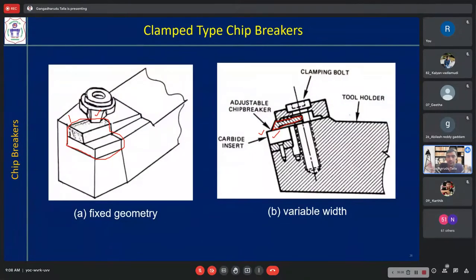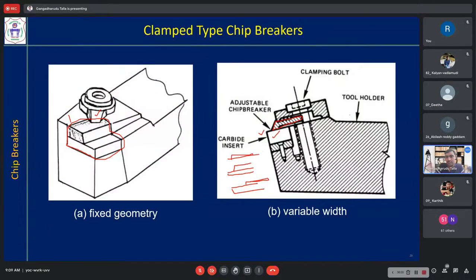Now here you can vary the step size. Currently it is here. Let us say it is fixed like this at one stage, for one operation. After some time, if you want to change it, you can push it back a little bit, or you can bring it a little bit closer also.